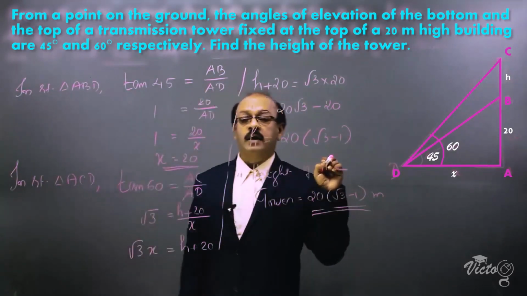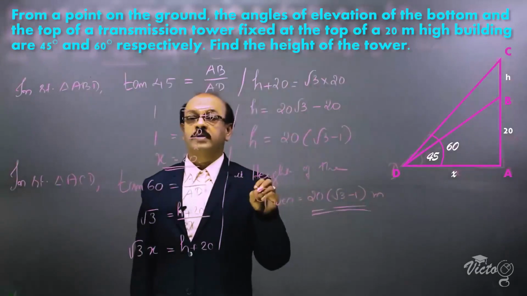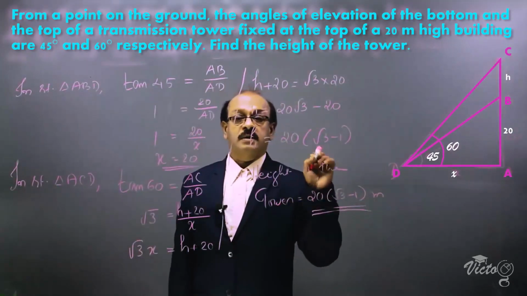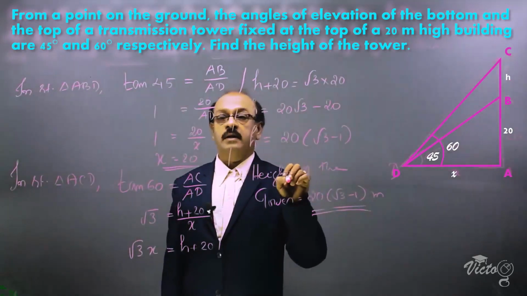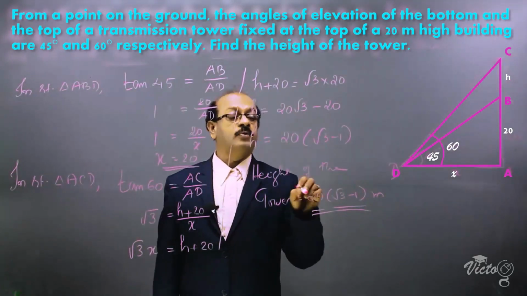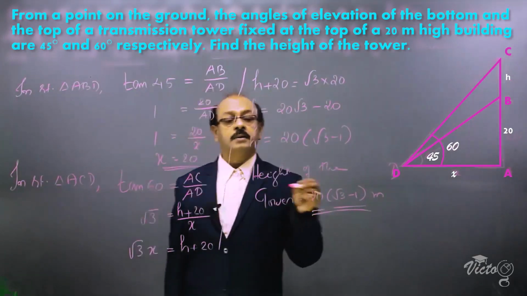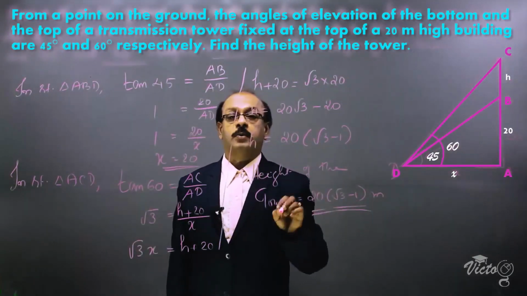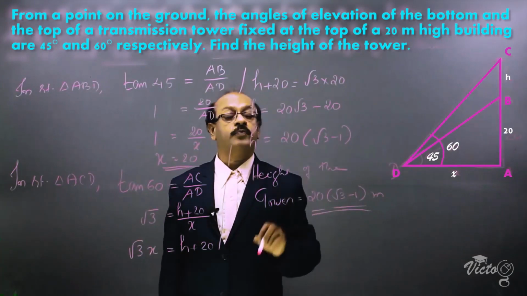Sometimes they may give the value of root 3 as 1.73 or 1.732, etc. In the other case, write the value as itself. 20 into root 3 minus 1 meters is the height of the tower.